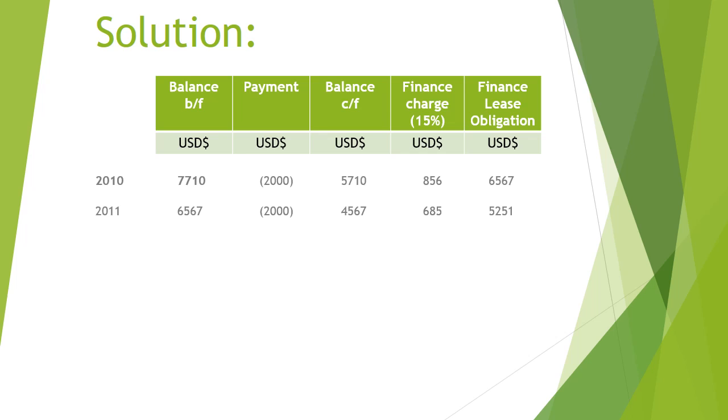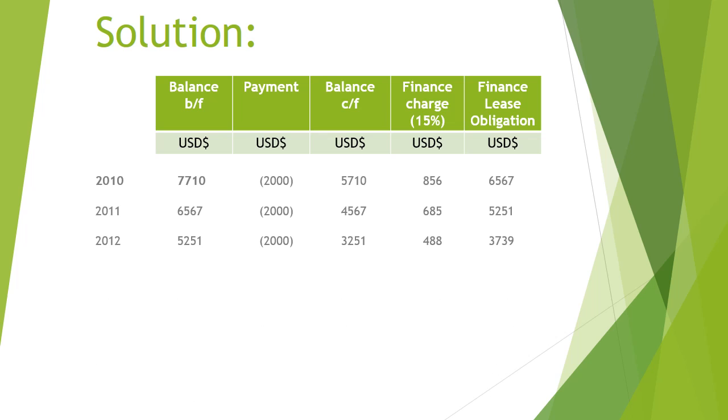our balance is 6,567. So we do our payment of 2,000, which will reduce the balance to 4,567. We apply 15% interest charge, which will end up to be 685. So now the finance lease obligation for 2011 will be standing at 5,251.